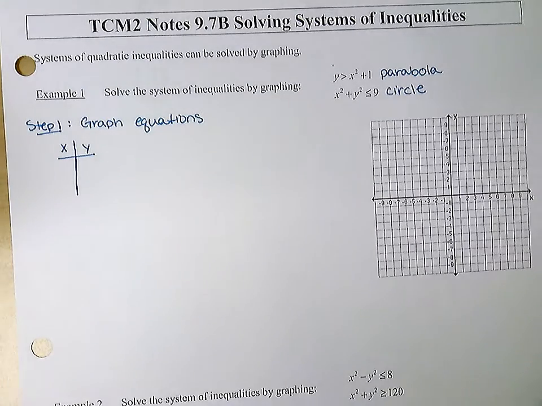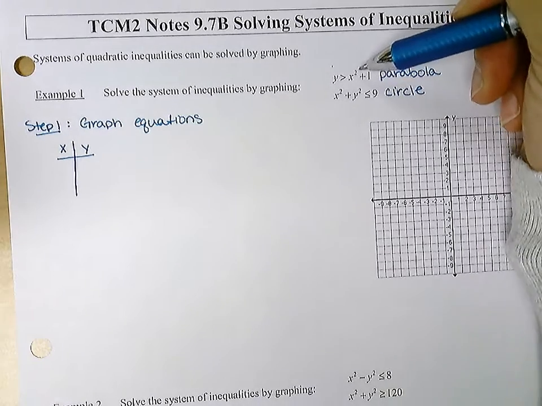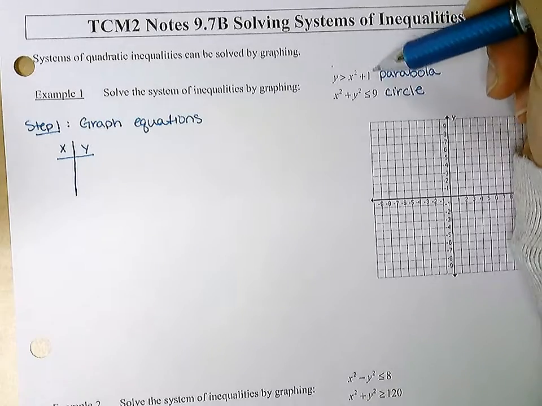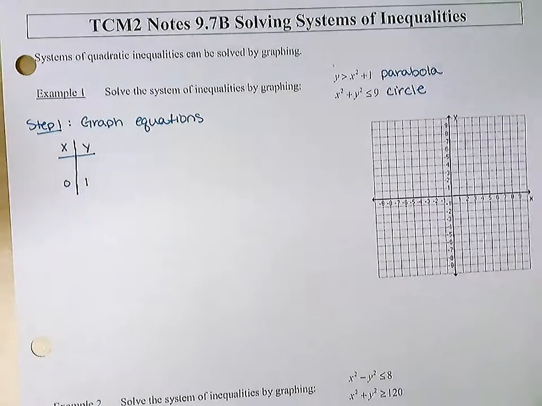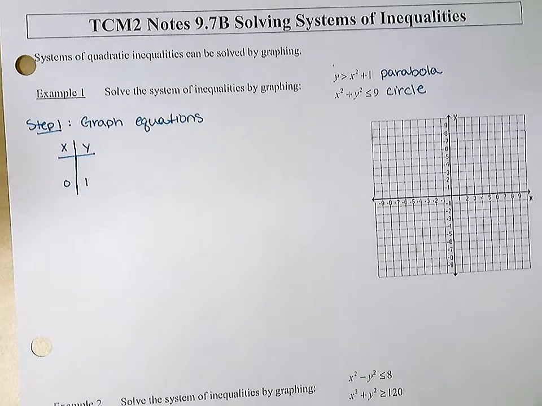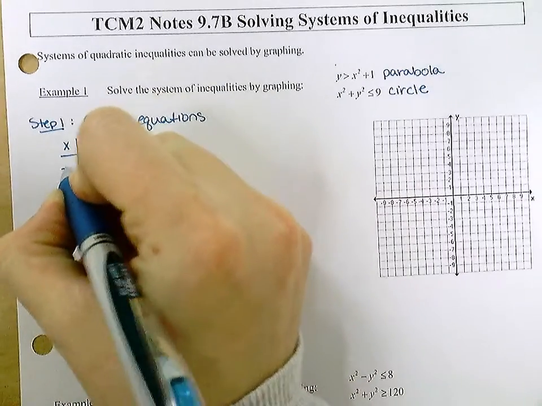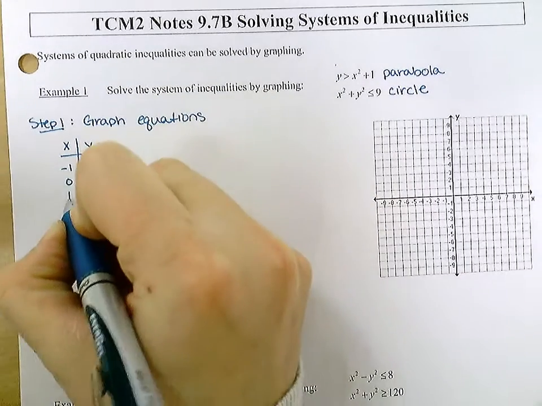The vertex of this parabola is at 0, 1. Your h value is 0 because that's next to x squared. Your k value is on the outside, that's 1. So our vertex is at 0, 1, and we can plug in points between those two. I can plug in -1, +1, +2, and so on.